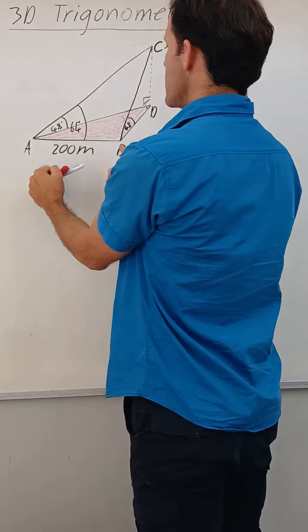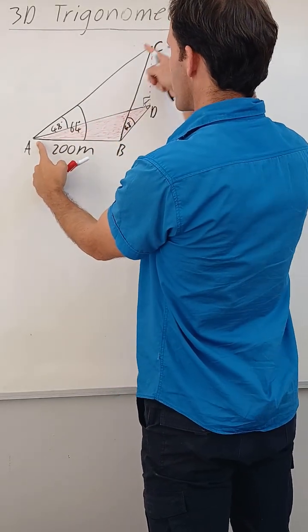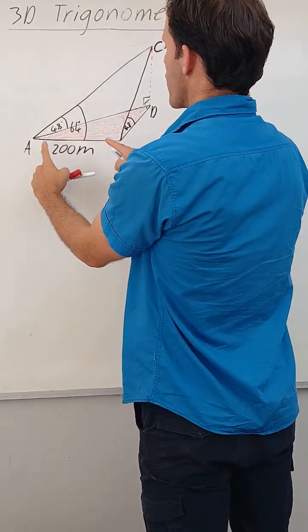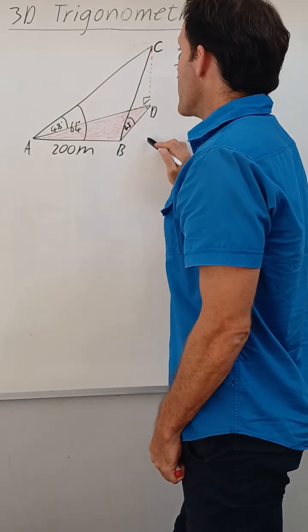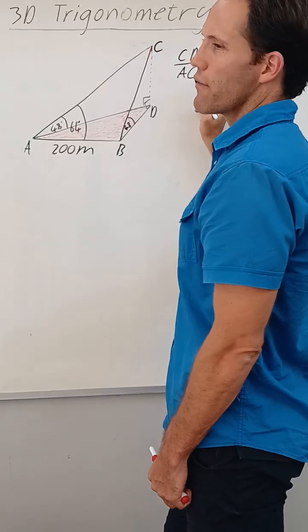When you see a side given and an angle given, you know in which triangle to work. I'm going to use the 200 and the 64 to find AC, because we need to find AC first before we can find CD.